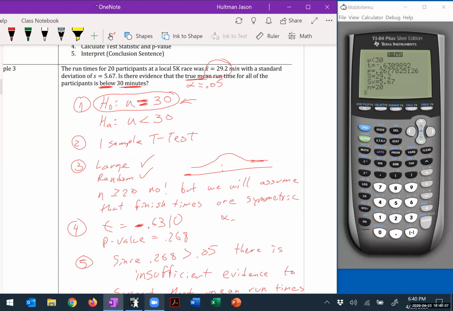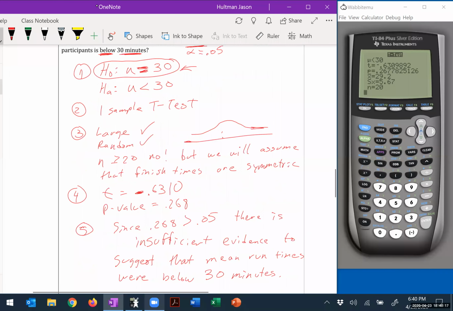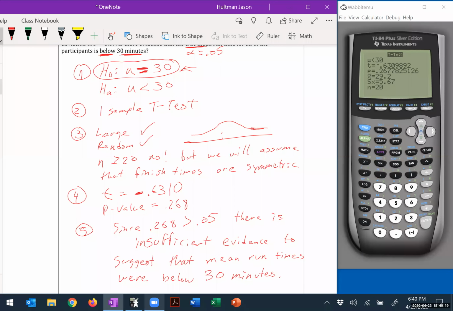It's the same thing that we did with the proportions, where we were testing the p-value against a significance level. So we're not sure enough. We're not 95% certain that it can't be the true mean. So we don't reject. We fail to reject.